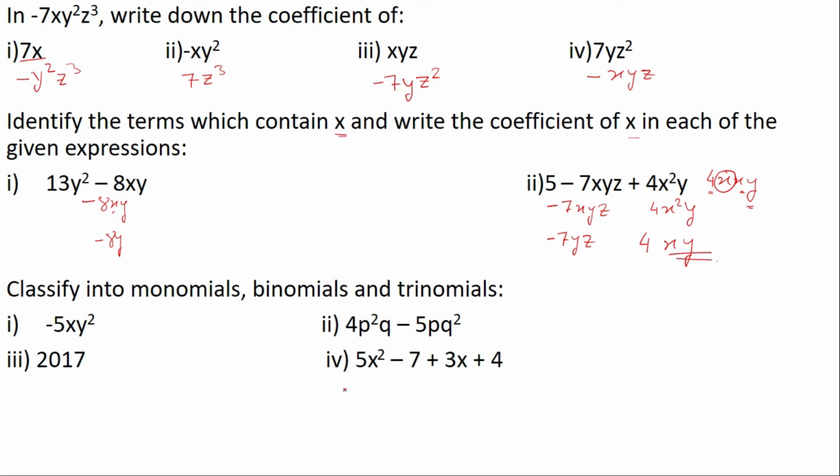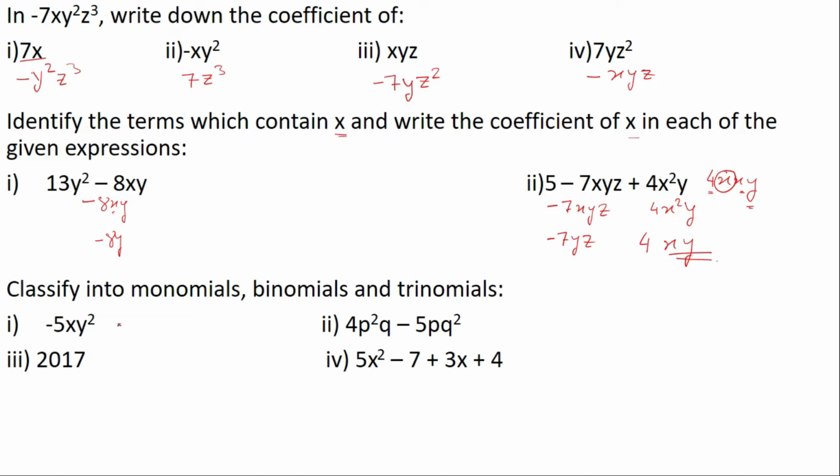Classify into monomial, binomial and trinomial. In the previous video, I have explained you what is monomial, what is binomial and what is trinomial. I have explained multinomial, polynomial also. So by seeing this algebraic expression, you have to identify whether they are monomial, binomial or trinomial.